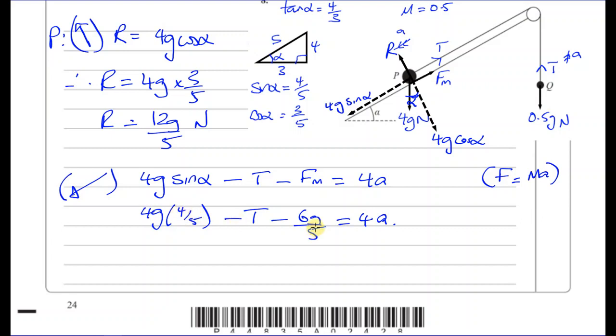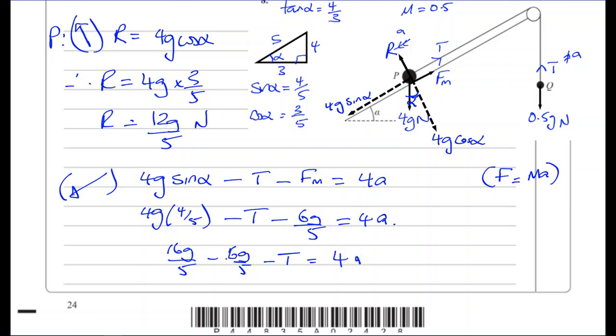Let's do it step by step: 16g over 5 minus 6g over 5 minus the tension, which we don't know, is equal to 4a.